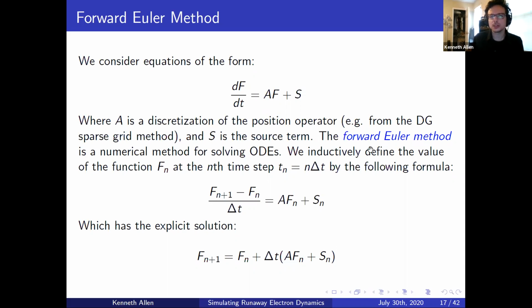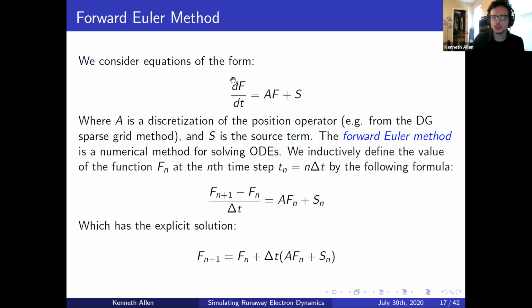The forward Euler method gives us an inductive method of determining the value of our function at the nth time step. Essentially, we divide our time domain into n pieces such that each piece is of size delta t.